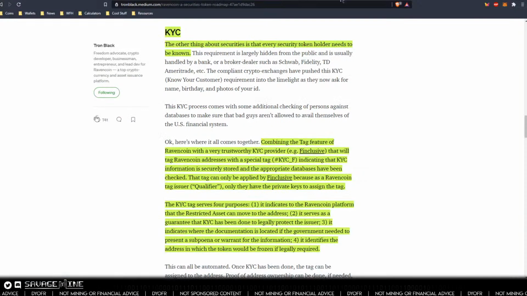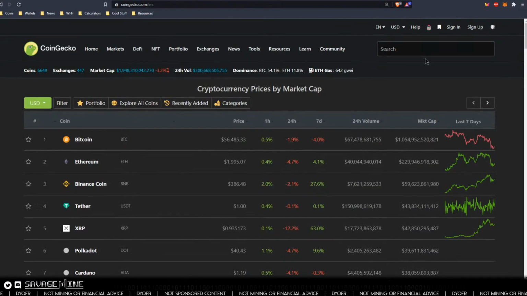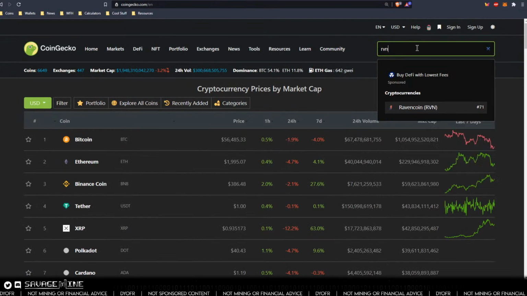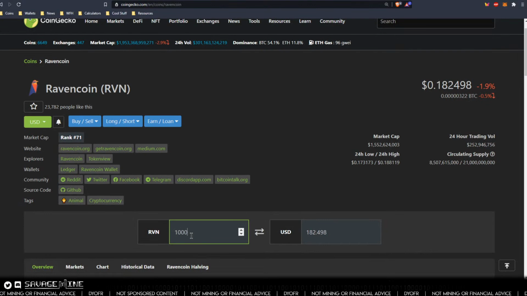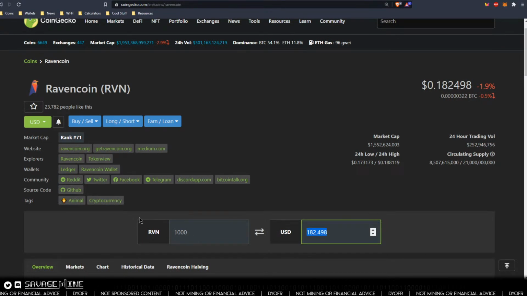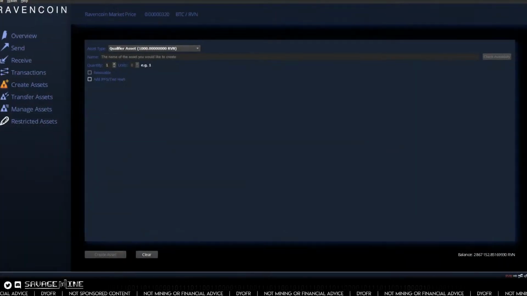So let's see how much USD value that is. It's $182 USD value to create this asset if you were doing this in real life, on the mainnet.